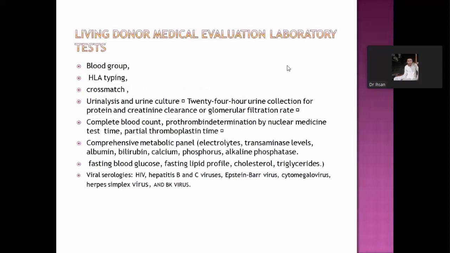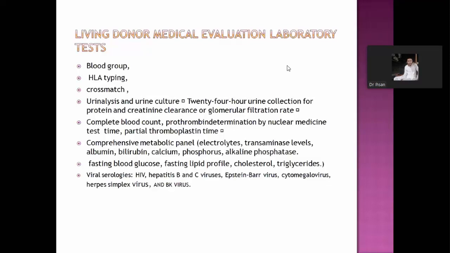Living donor medical evaluation laboratory tests: blood group, HLA typing, cross-match, urinalysis and urine culture, 24-hour urine collection for protein and creatinine clearance, and GFR rate. Complete blood count, GFR determination by nuclear medicine test, prothrombin time, partial thromboplastin time.